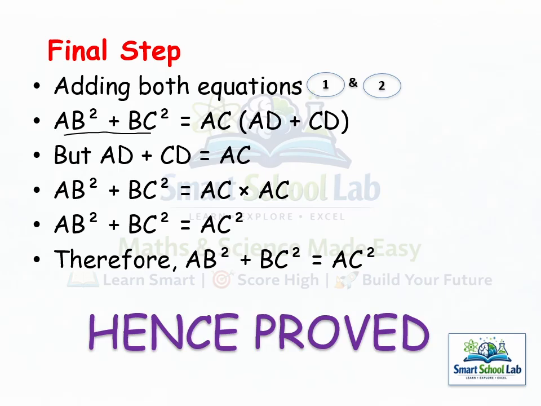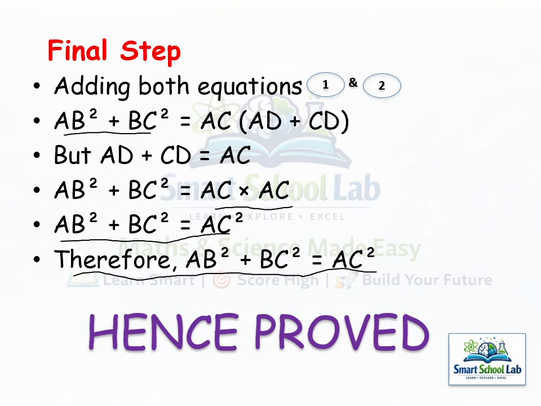So AB square plus BC square is equal to AC into AC. When we multiply AC into AC, that is the hypotenuse, we get AC square. Therefore AB square plus BC square is equal to AC square. Hence we have proved that.